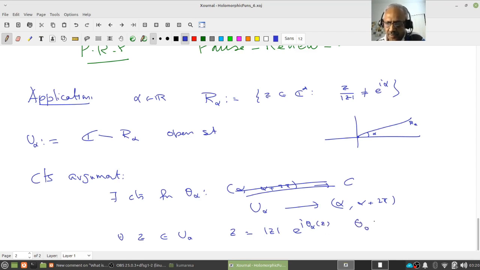Therefore theta alpha of z is an argument of z. Naturally it's a continuous argument, because as z varies, the argument theta alpha z also varies continuously. That's why we have a continuous argument. This we have proved.